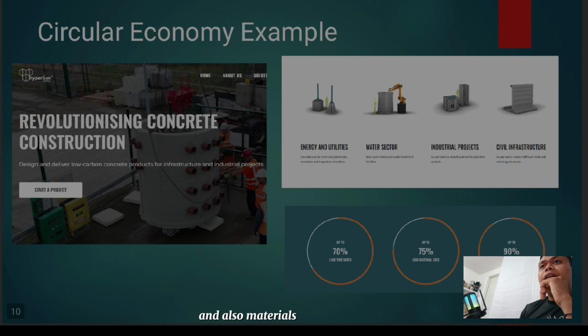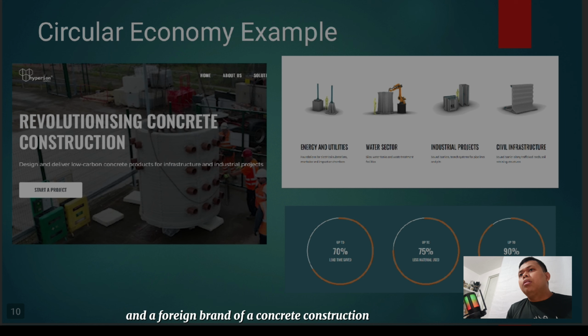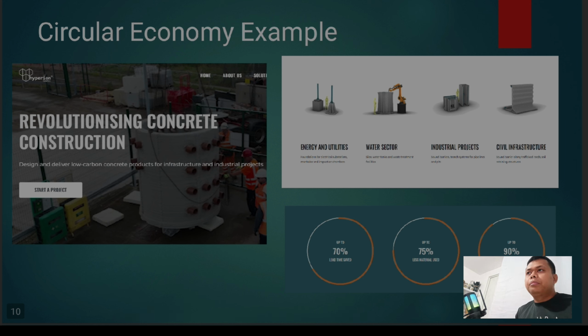And also raw materials used are less, 75, and up to 90% less carbon footprint. So it caters basically to industrial sectors like the energy, water sector, and even infra in civil. So it is a foreign brand of concrete construction.